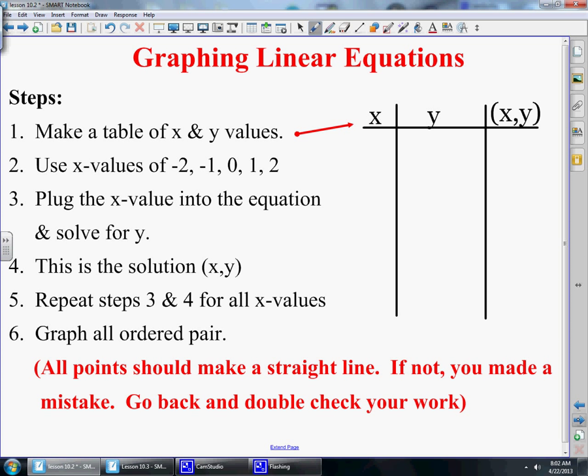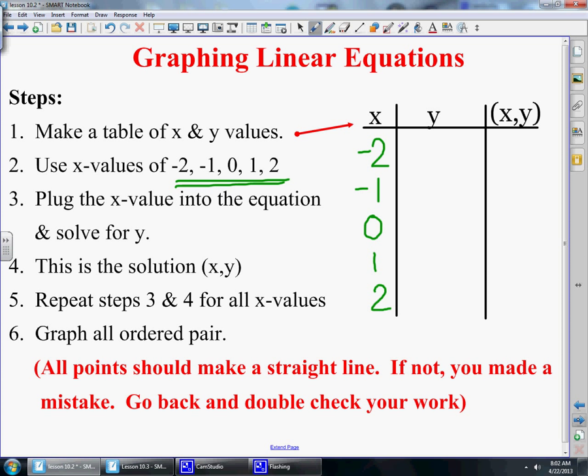So for your x values, we're always going to use these numbers here, just so we all are graphing the same points, and it's going to make it easier for us to correct work since we're all graphing the same thing. So we're always going to pick our x values, -2, -1, 0, 1, and 2.